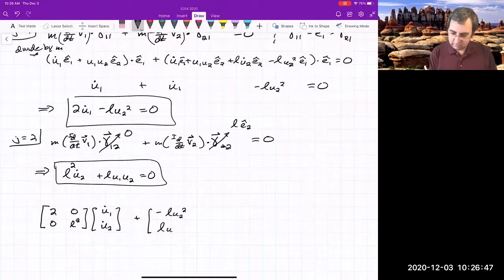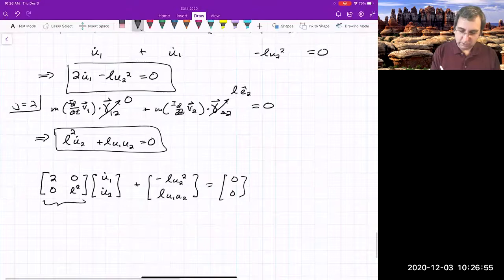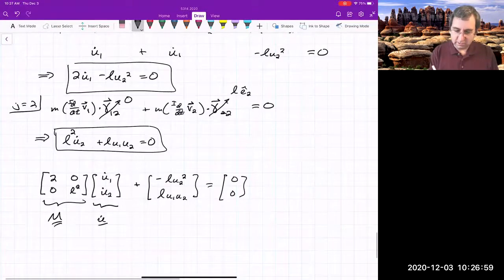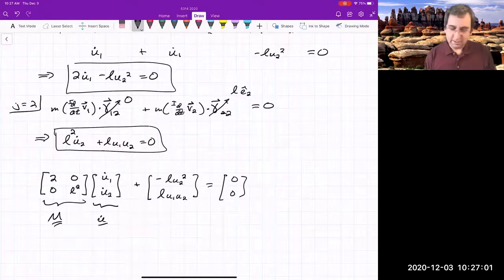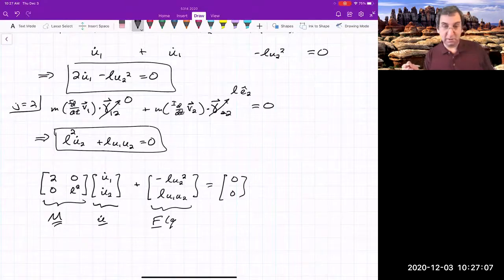L U1 U2 equals 0, 0. So it looks like what we expected. We've got a mass matrix. We've got the U dot matrix, and we've got this F matrix that we expected. It looks like it's not a function of the Q's. It's only a function of the U's. It's not a function of time either. There we go.